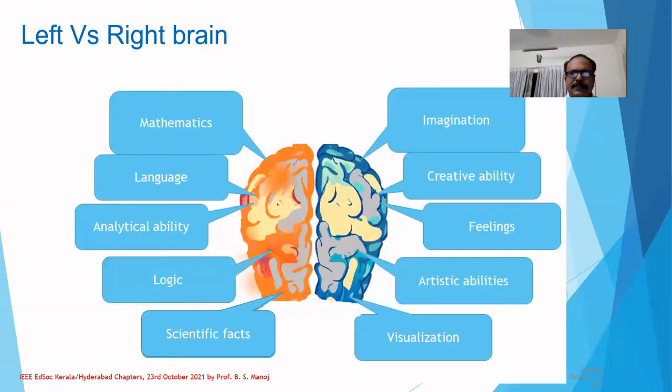Now, that brings up the question of brain characteristics. As you all know, there are the left and the right parts of the brain. The left part of the brain is good for academic activities, languages, analytic skills, logical, as well as scientific skills. Whereas the right part is helpful for imagination, creativity, feelings, artistic visualization, including music and other kinds of artistic capabilities.